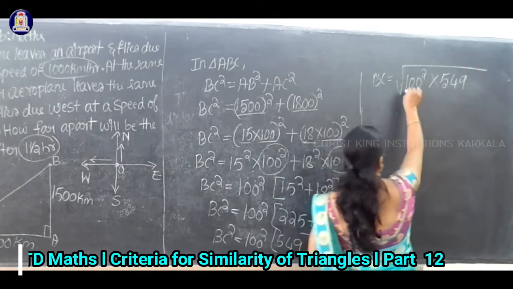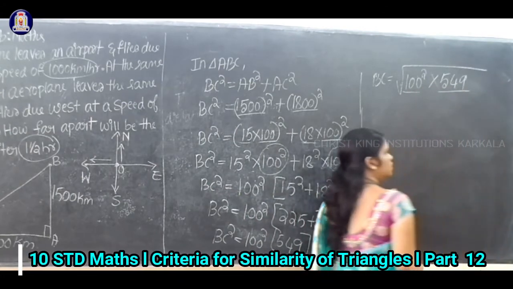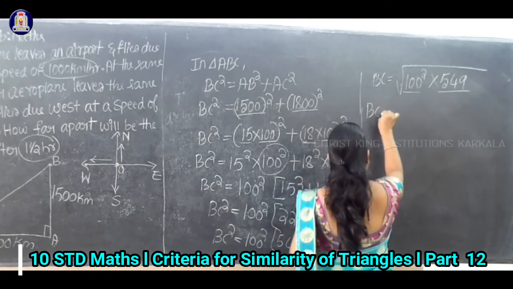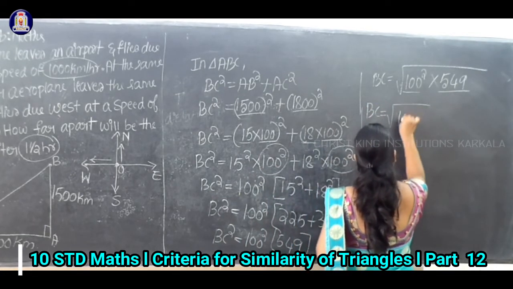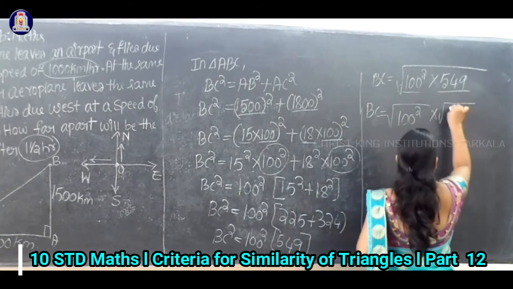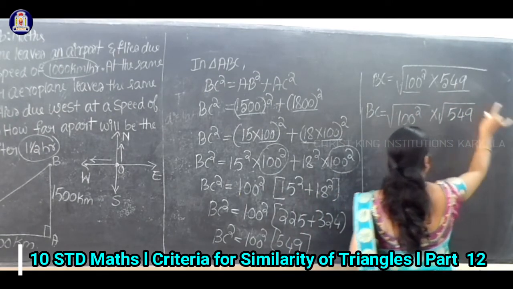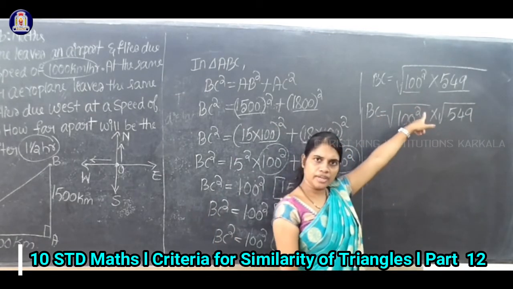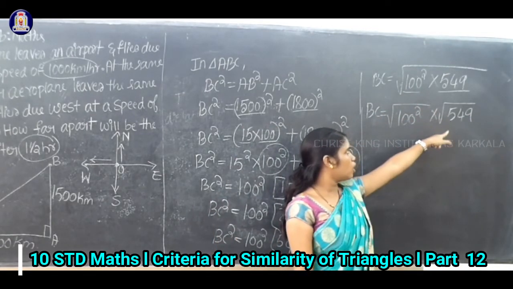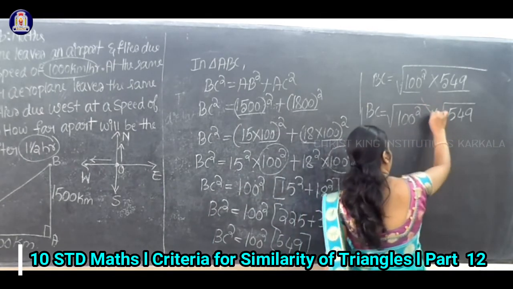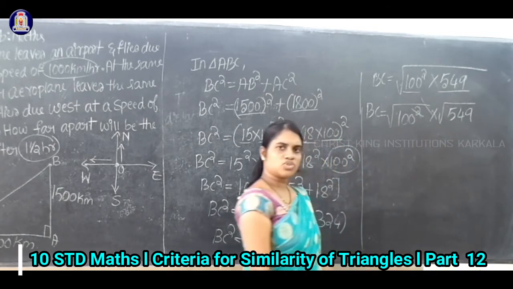This is one term and this is another term. So therefore, BC equal to square root of 100 square into square root of 549. Right? Now, can I cancel this square and the square root?